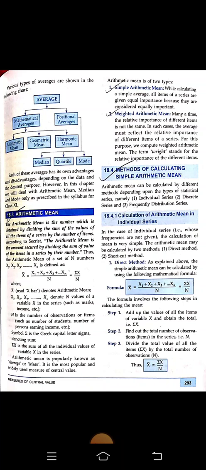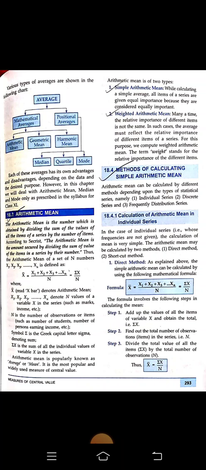There are two types of arithmetic mean: one is the simple arithmetic mean and the next is the weighted arithmetic mean. While calculating a simple average, all items of a series are given equal importance because they are considered equally important.